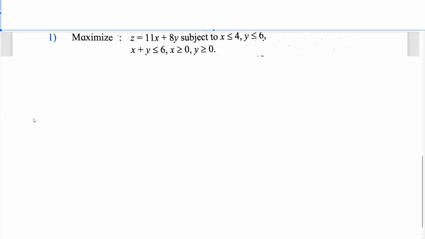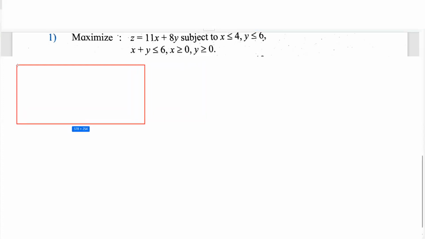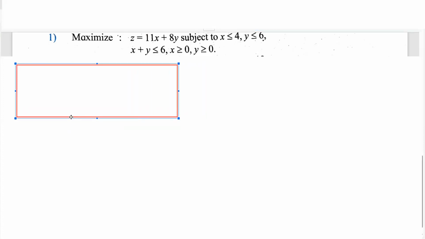So here, first of all, I'll make a table. In this table, what do I write? I will write all the constraints. I will make a table here, as we have done earlier also. The first column is the inequation.